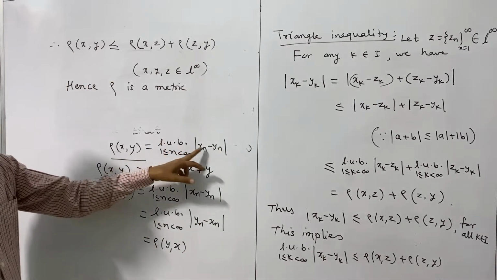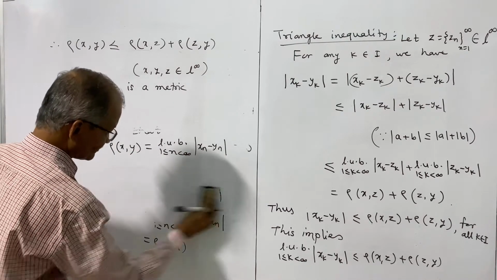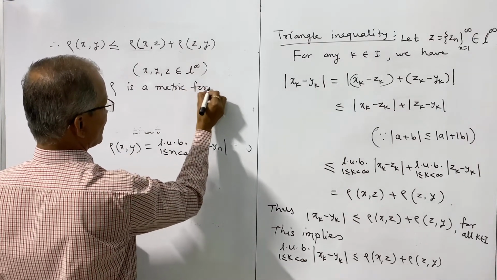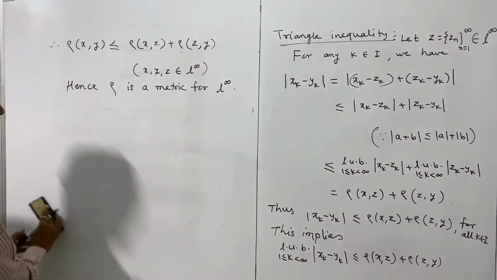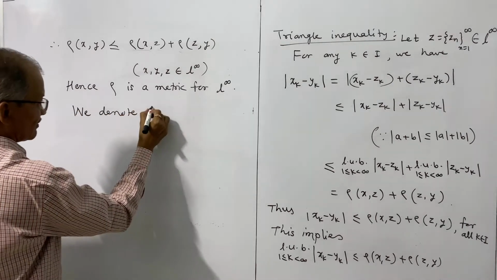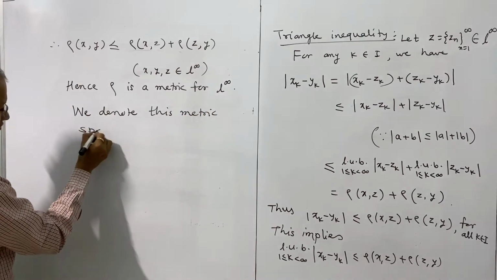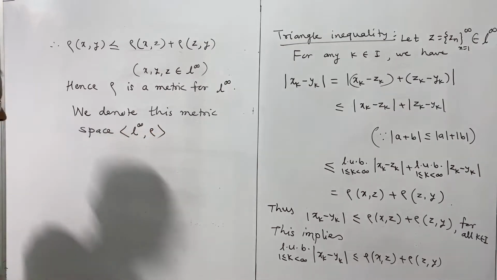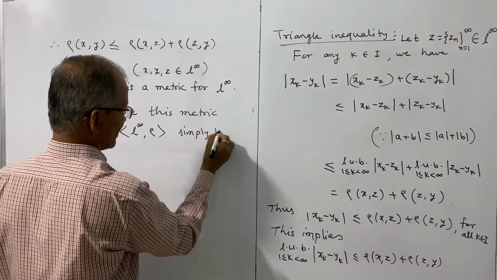Rho of x, y is the supremum of the absolute difference of xn minus yn. It is a metric for l infinity, and this metric space, actually l infinity with rho, is denoted simply by l infinity.